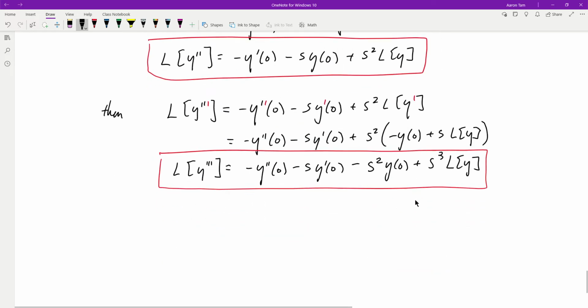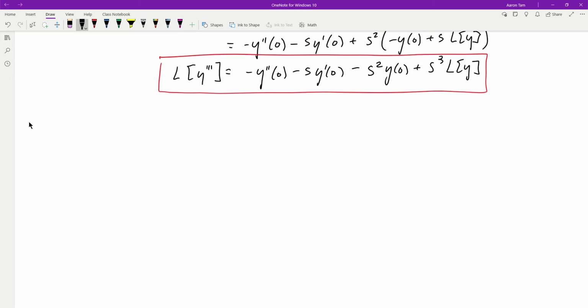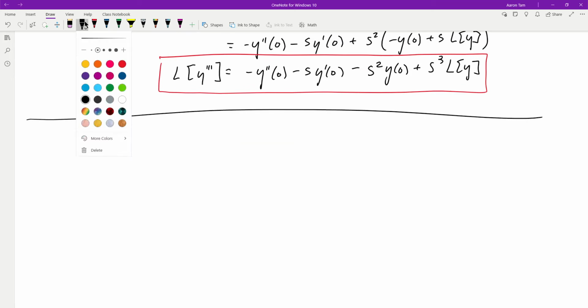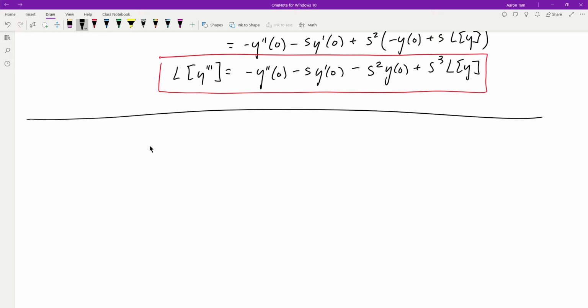Okay, so let's see if we can see a pattern here. So this is what we know. We start with our Laplace transform. So maybe I'll title this Laplace transform of higher order derivative of y.